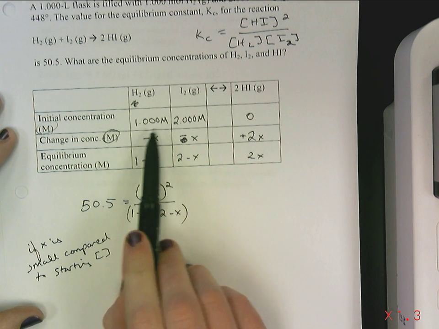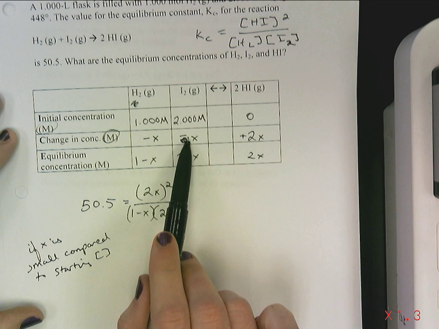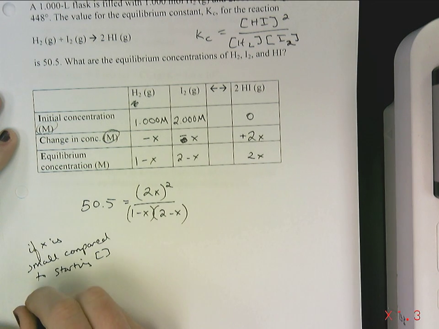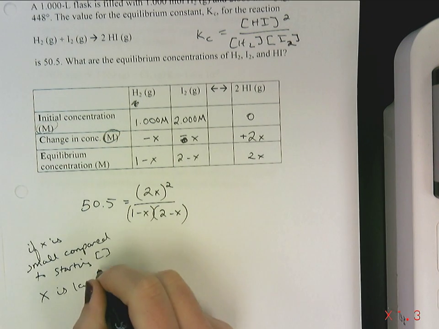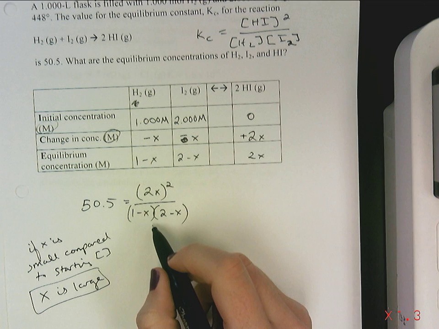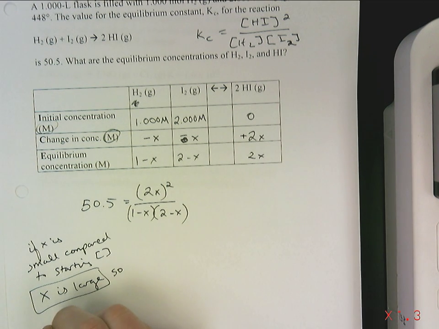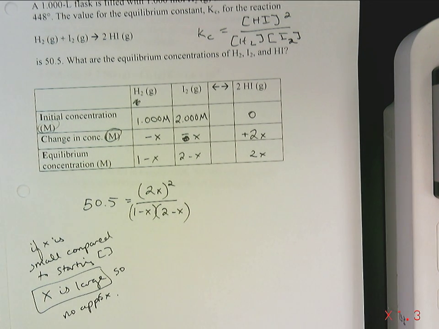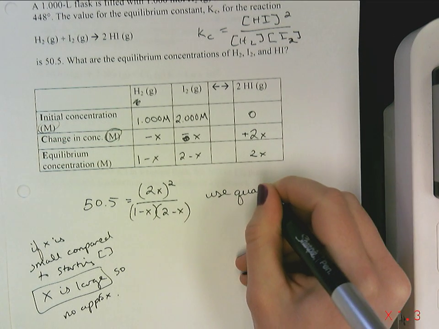And since I'm starting with reactants and going to products, and I have zero products, that actually means that x is going to be large, okay, compared to those starting concentrations. So I am not allowed to approximate by getting rid of those subtracted terms. I can't use that approximation. What that means is I need to use the quadratic.